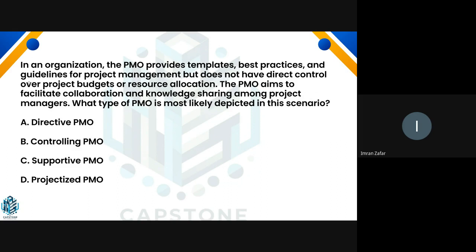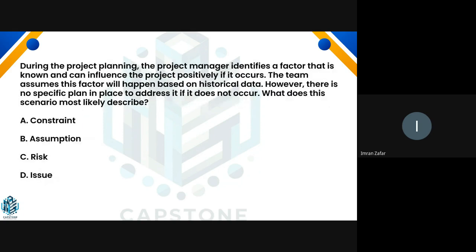So yes, C is the right answer. So let's do, I think, two more questions. This is the sixth one.